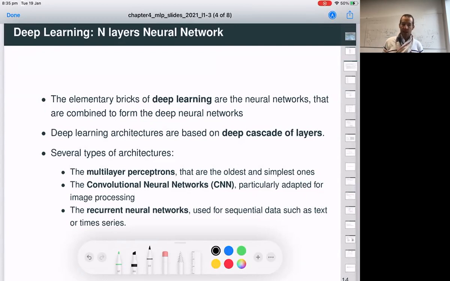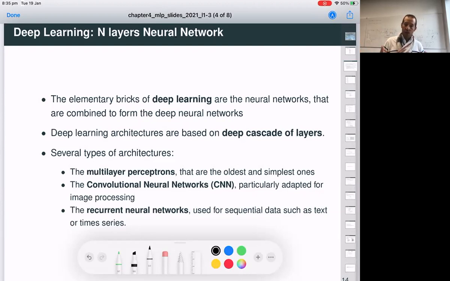And next week, you are going to work with Yoni on convolutional neural networks, which are designed mostly for image processing.